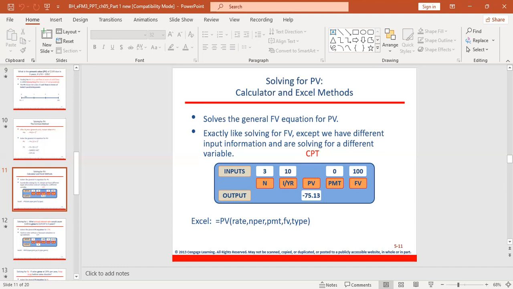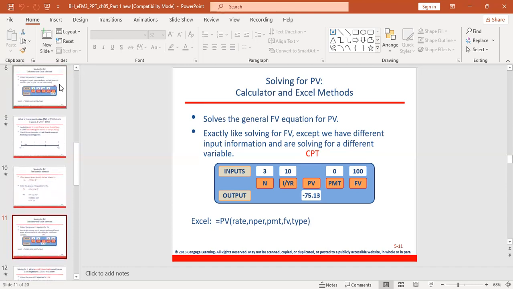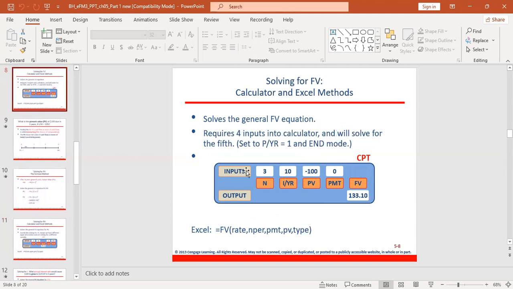Okay, so let me show you the previous one that we calculated. You can see that in this case, one of the inputs is minus. That is why the output is positive. If one of the inputs is minus, the output will be positive. If all the inputs are positive, then the output will be negative.